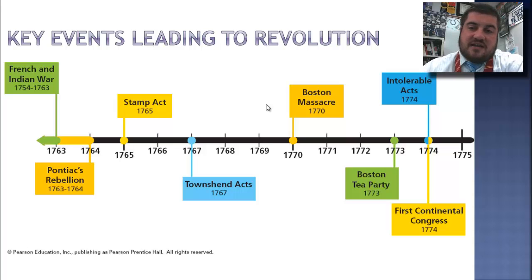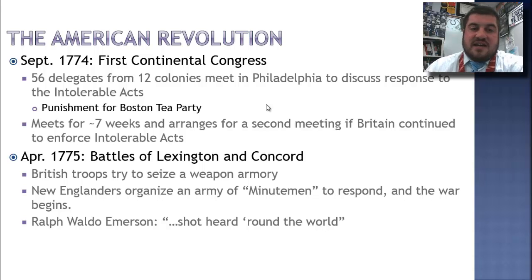Boston Tea Party, Intolerable Acts are a response to that. And finally, the colonists meet in the First Continental Congress to talk about the punishment for the Boston Tea Party. They meet for 7 weeks in Philadelphia, and they basically say, okay, we're going to meet again if Britain continues to enforce the Intolerable Acts.